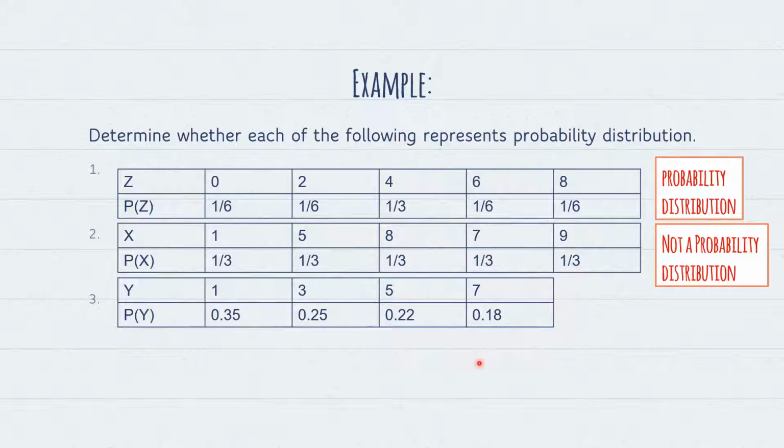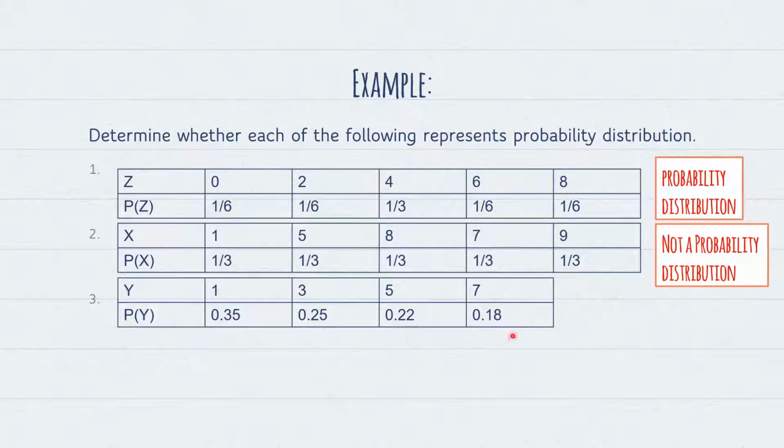So, therefore, in the first condition, it is a probability distribution. But again, we check the second condition, which is that the sum of the probabilities must be equal to 1. So, if we add them, 0.35 plus 0.25 is 0.60. 0.60 plus 0.22 is 0.82.